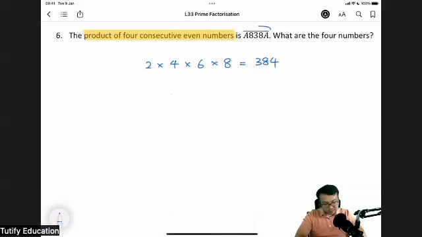Do you think it is big enough to give me a 5-digit number like that? No. Obviously we need to select bigger numbers. Okay, Talia? All right. Students, I'm going to give you 2 minutes. Can you all think of 4 consecutive even numbers that will give you a 5-digit number which looks something like this?